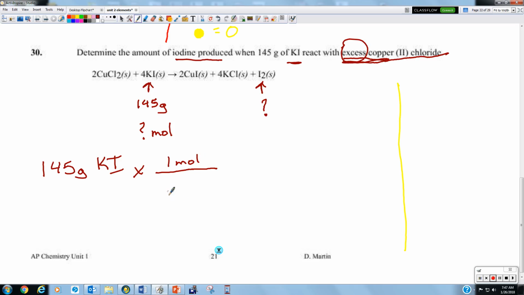How much does 1 mole of potassium iodide weigh? Say again? 165? All right. What would be my next step in this equation?